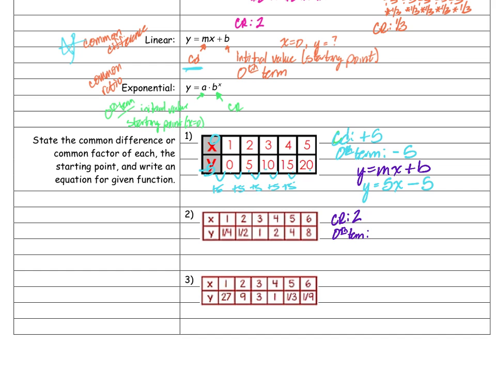So if I want to go back to 0, and I'm multiplying by 2, what number do I multiply by 2 to get 1/4? This one's a little harder because it's a fraction. So I think of it this way. It says, what number do I have to multiply by 2? That means, what number am I multiplying by 2 to get an answer of 1/4?